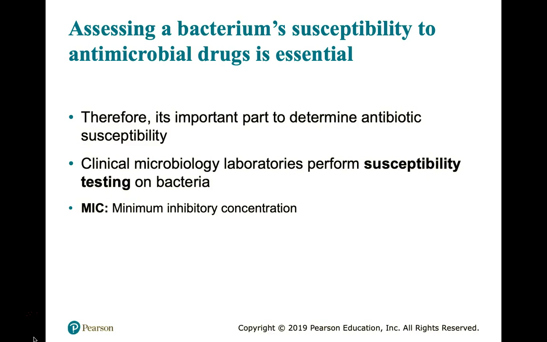One of the ways to do that is to determine the MIC, the minimum inhibitory concentration, the minimum amount you can give to inhibit that pathogen. We do this through susceptibility testing, and you should know what that is, considering you just did it in Lab 7. You actually determined susceptibility using the simulation and the actual lab itself.